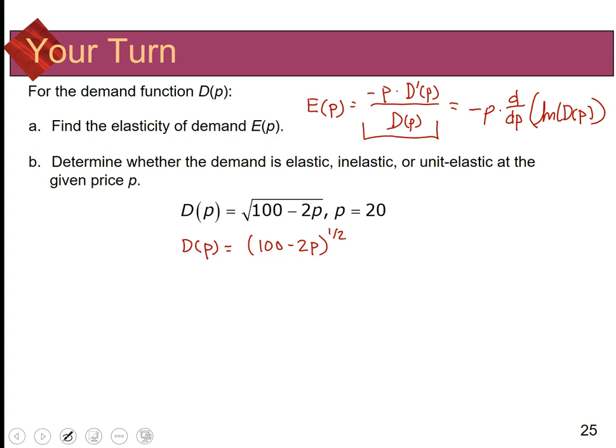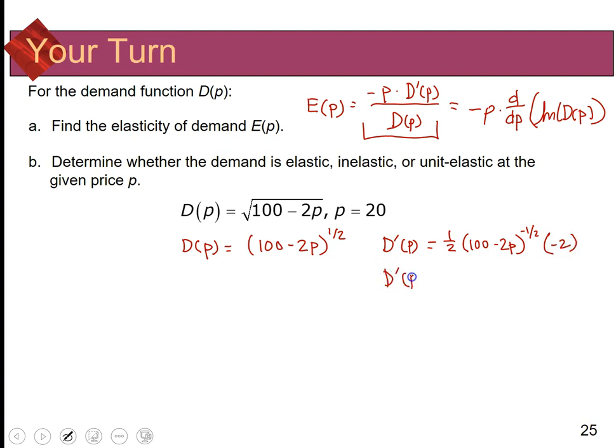I'm also going to calculate D prime of p at this point, which equals 1/2 of (100 minus 2p) to the negative 1/2 times the derivative of 100 minus 2p, which is negative 2.